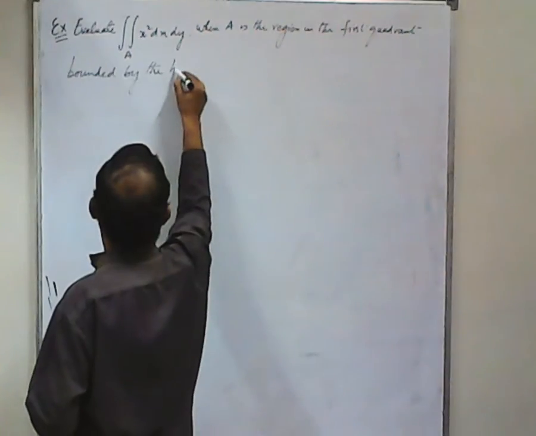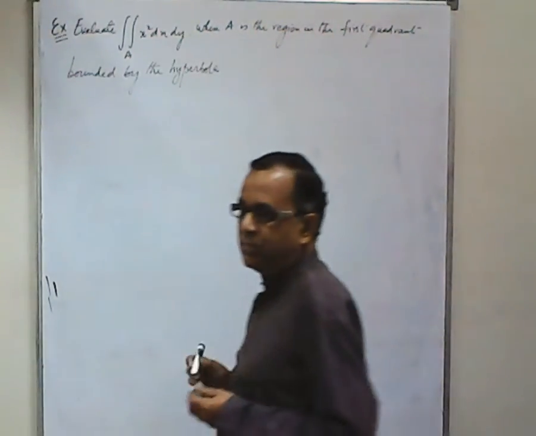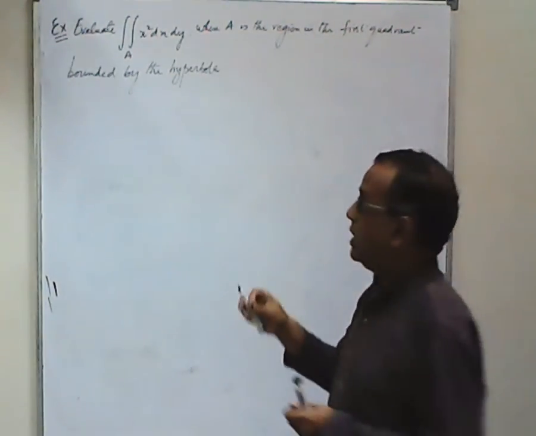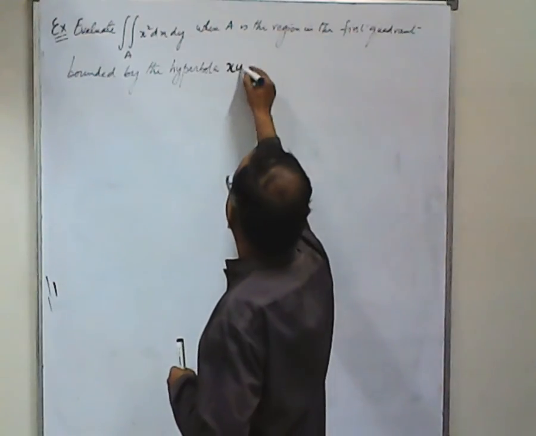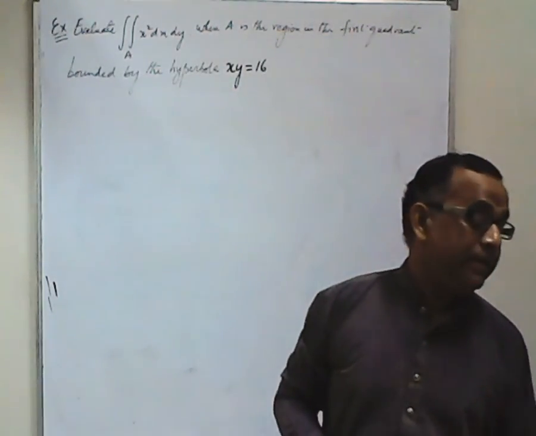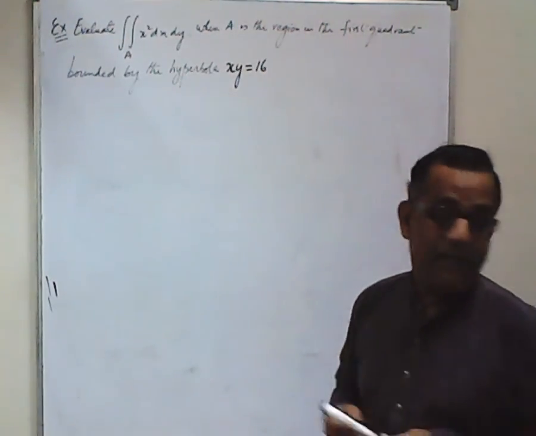the hyperbola, and let's say the equation of the hyperbola is xy equal to 16, and then we have the lines.